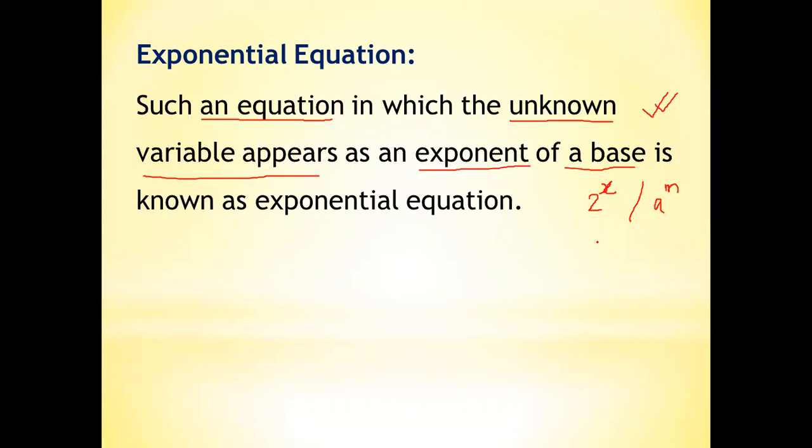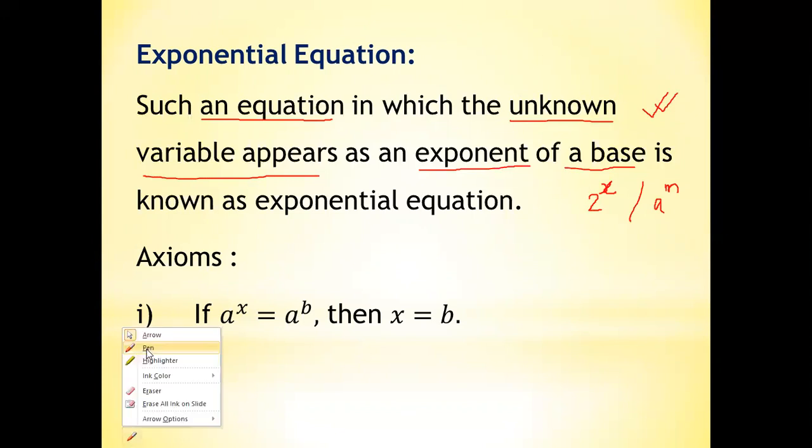Now let's understand the axioms of exponential equations. The axiom is: if a to the power x equals a to the power b, the idea of an exponential equation can be clearly seen here. Here is base a, and here is also base a, with an equals sign between them. So it is an exponential equation, also called an algebraic exponential equation.